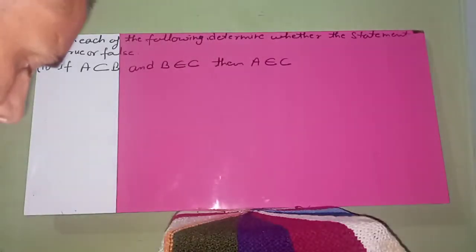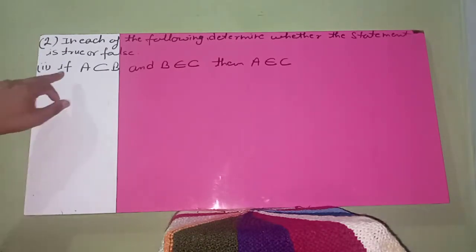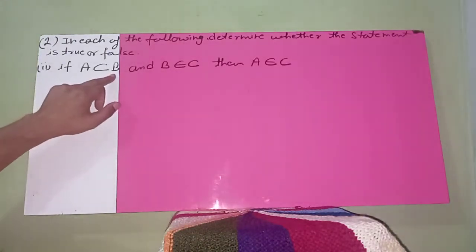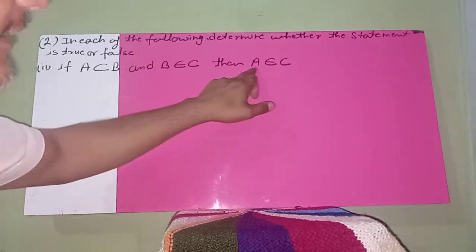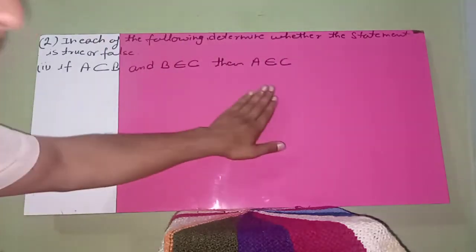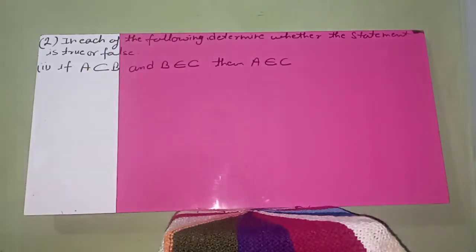Okay, now I take its second part. In second part, if A is the subset of B and B is the element of C, then A is the element of C. Is the statement true or false? Check.